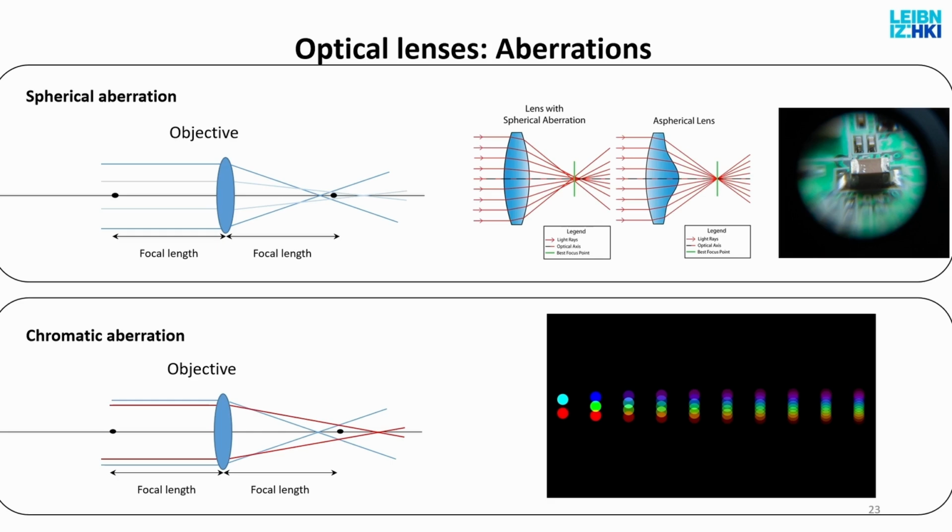Maximum 4 colors. If you buy such a 4-colored bead, one brand is called TetraSpeck, so 4-color balls, and they come in different sizes. The smallest one you can buy is like 100 nanometers, the biggest one is like 4 micrometers. If you buy a 4 micrometer one, you can easily find it in your microscope.